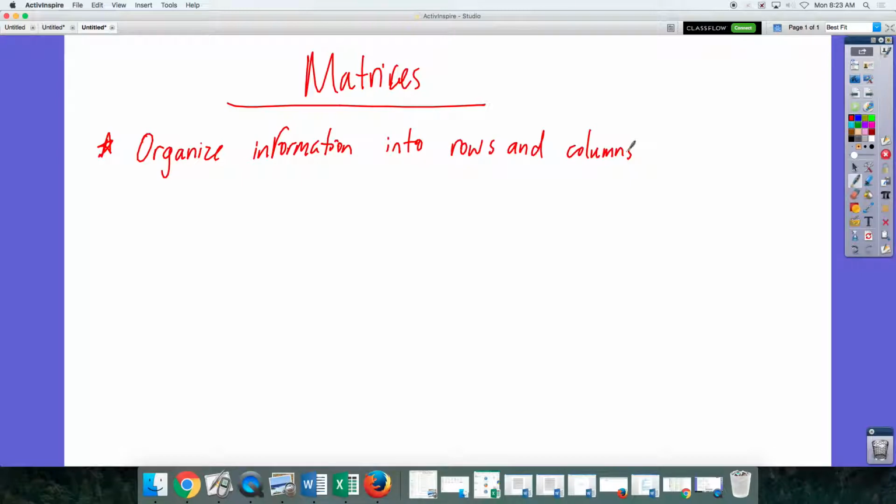Rows run from left to right, and columns are up and down. So when you organize matrices, we're always putting them into rows and columns. You need to understand rows left to right, columns up and down.